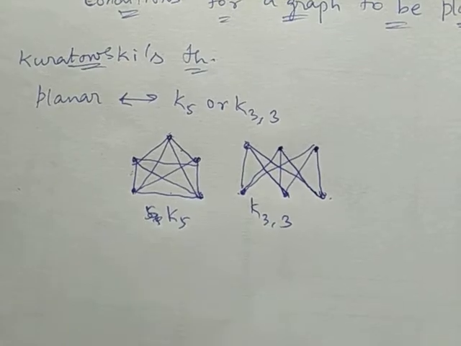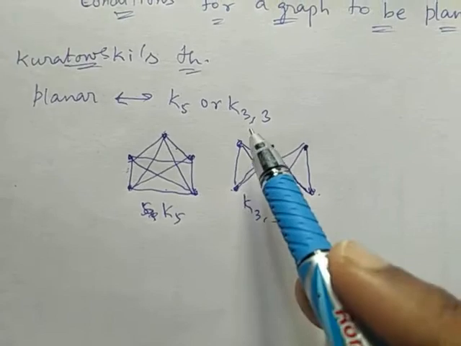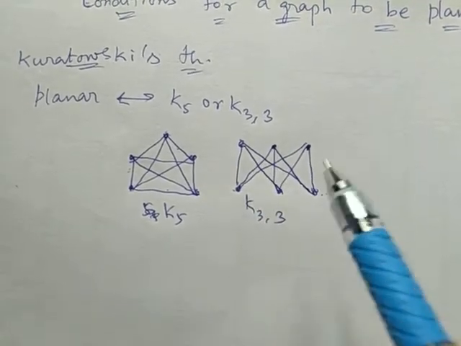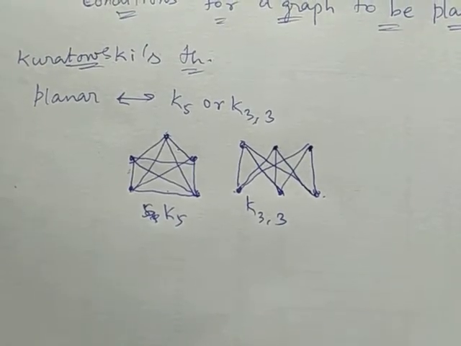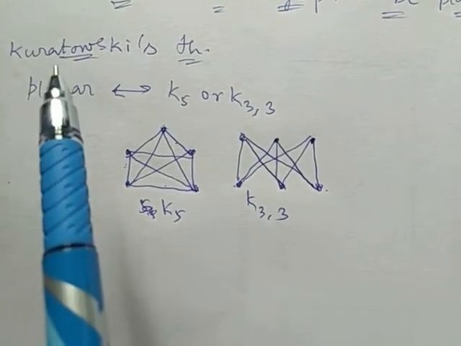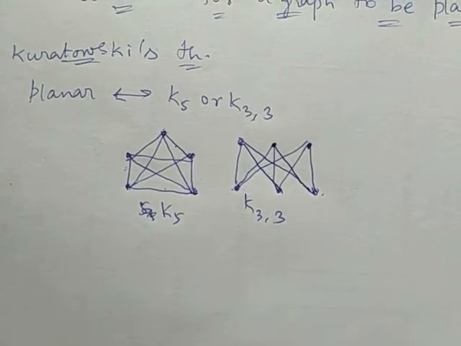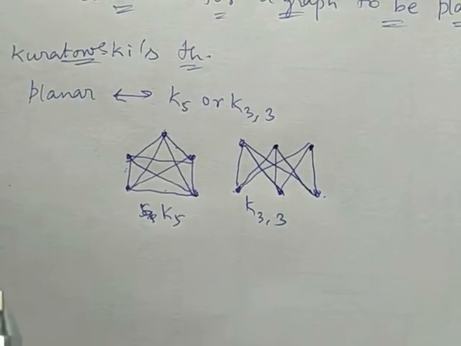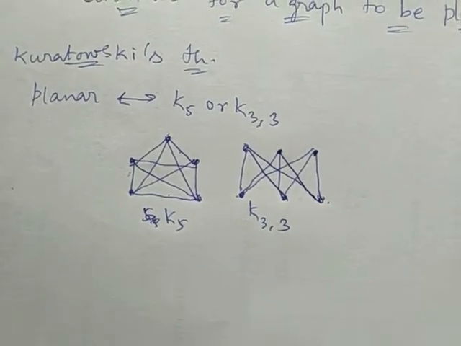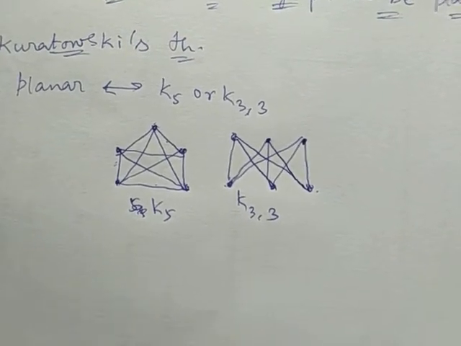We already saw what a subdivision of a graph is: if we insert a vertex of degree 2 in an edge, such a graph is known as a subdivision of the graph G. So according to Kuratowski's theorem, a graph is planar if and only if it does not contain K3,3 or K5 or subdivisions of K5 or K3,3.